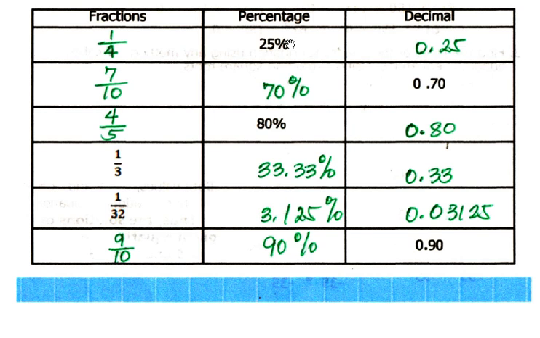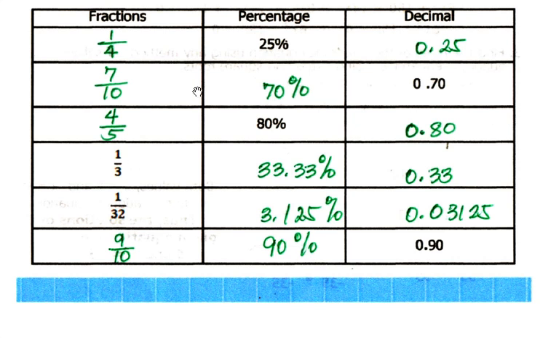For 25%, of course, it is 1/4, and the decimal form is 0.25. For the decimal form of 0.70, that is 70% and 7/10. For 80%, decimal form is 0.80, fraction is 4/5.